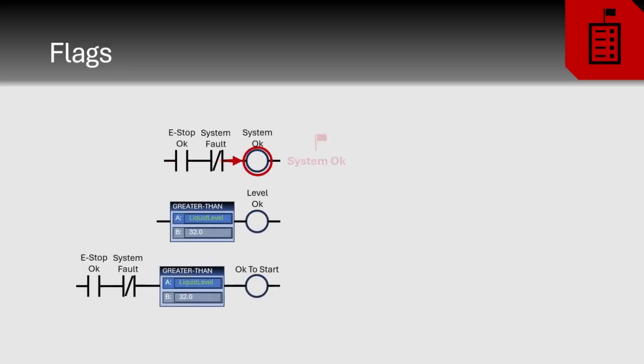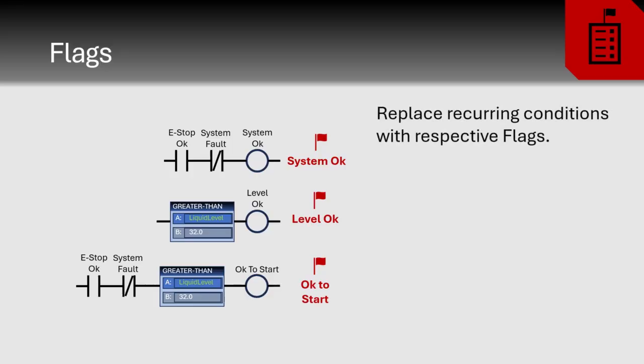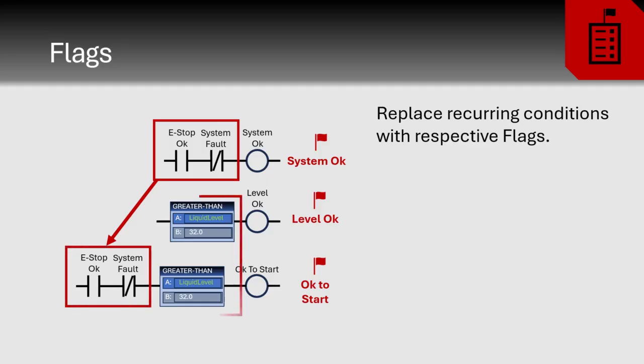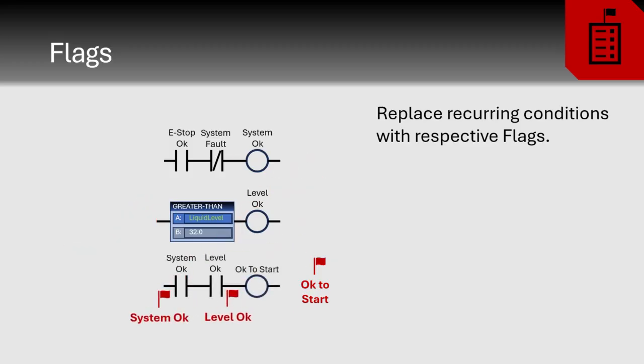System flags, for example, may include flags that indicate the system is ready to start or flags that indicate liquid levels. It's important to recognize when a flag can be used to consolidate logic for other flags. For example, if system OK and liquid level OK are conditions for another flag, simplify instead of rewriting the same logic multiple times.